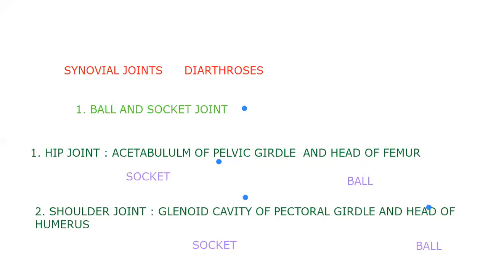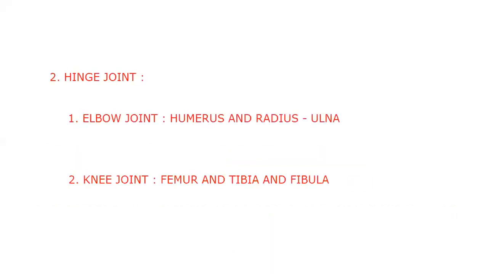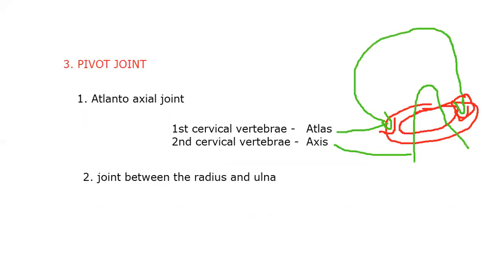Next, the hinge joint. The hinge joint is the elbow joint between the humerus and radius-ulna, and the knee joint between the femur and tibia and fibula. Next, the third one, the pivotal joint: the atlantoaxial joint between the atlas and axis, the first and second cervical vertebrae, and the joint between the radius and ulna.